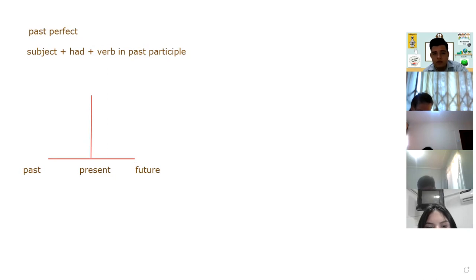For example, we have a good example: when he arrived, the train left. These two sentences, okay, are in simple past. But what about if we add this word, had? For example, had left.